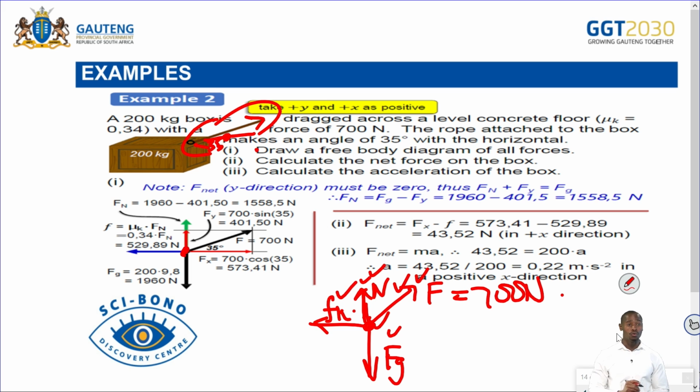But for you to be able to do your Roman figure 2 correctly, calculating the net force on the box, after drawing this correct free body diagram, what is it that you need to do? This force is applied at an angle, right? So resolve that force into its components. They've done that here.